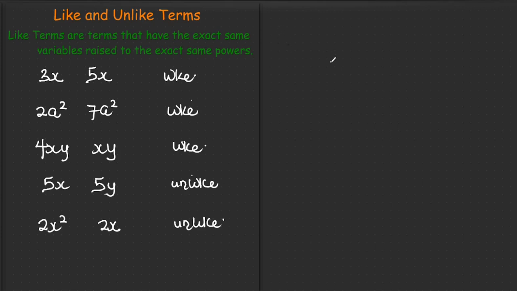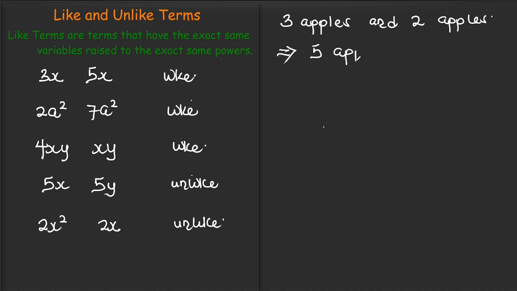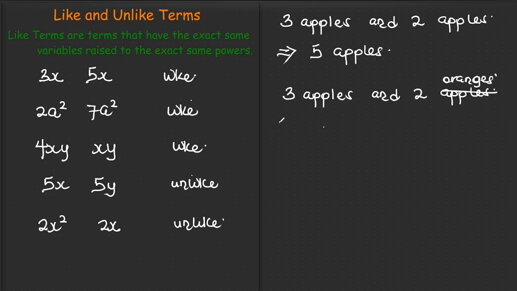If you have 3 apples and let's say 2 apples, you can conclude that yes, you do have 5 apples because they are all apples. On the other hand, if you have 3 apples and this time not 2 apples but oranges, are you then going to say you have 5 apple oranges? No, you still have 3 apples and 2 oranges.